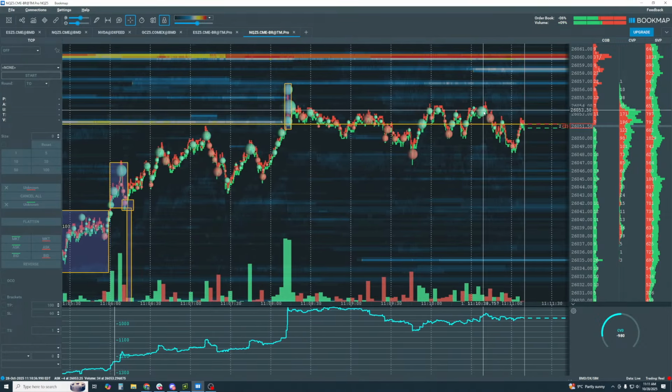All right, back up again. Guys, this is kind of that cup and handle we talked about the other day where we start to build and it auctions off. We get consensus up here.